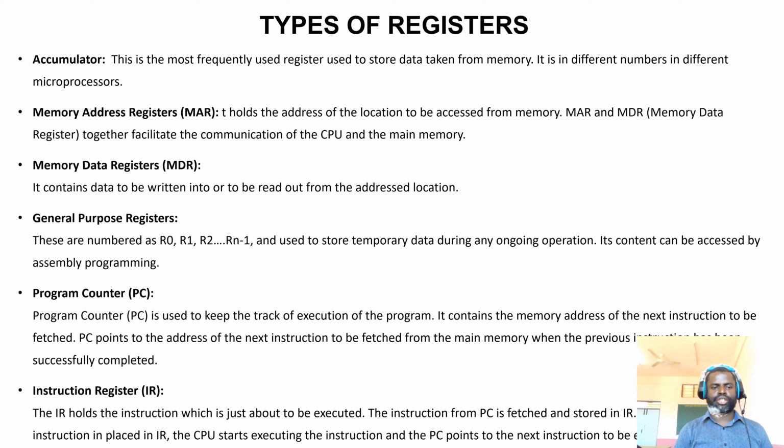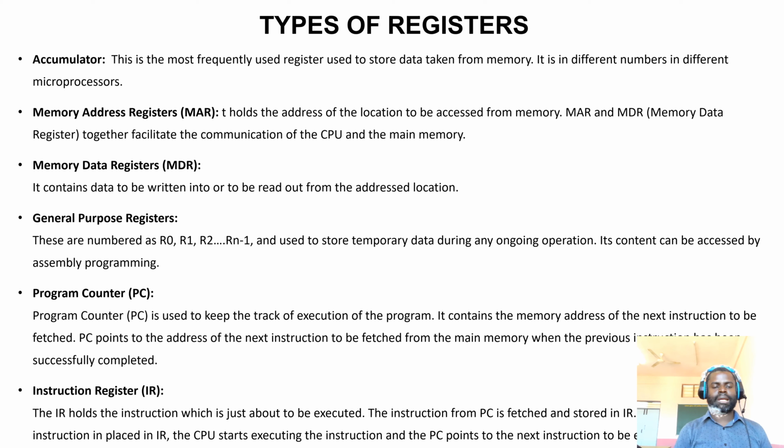Types of registers. Accumulator. This is the most frequently used register, used to store data taken from memory. It is in different numbers in different microprocessors. For example, we have different sets of microprocessors.